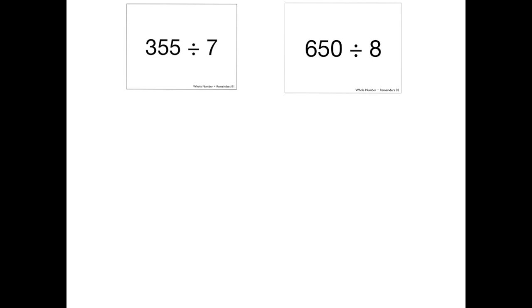In the next example, we're going to work with remainders as well, but we're going to draw on what students have done before when working with partitioning larger numbers.